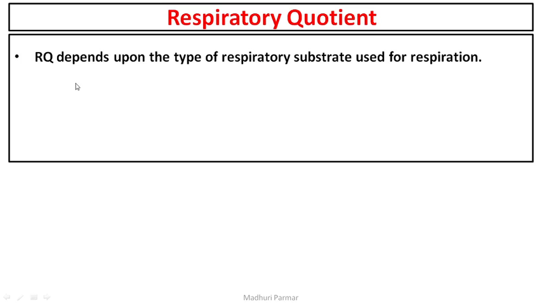Now, what is the importance of this RQ? Why do you want to find out the RQ? Because by finding out the type of RQ, you get to know what substrate is being used by the living system. Okay, so if you do this experiment on yourself, there are certain respirometers. You just have to put a tube in your mouth and you have to breathe in, you have to breathe out.